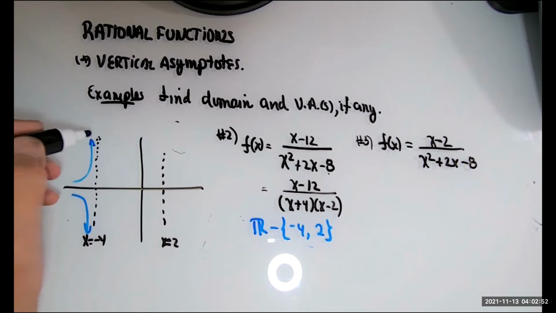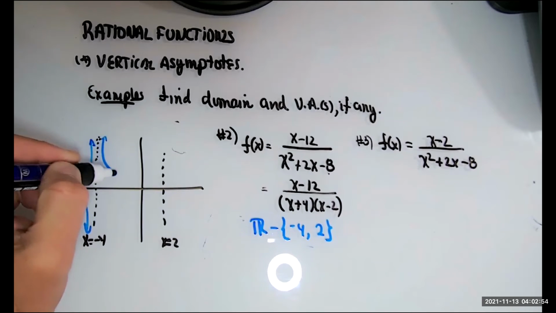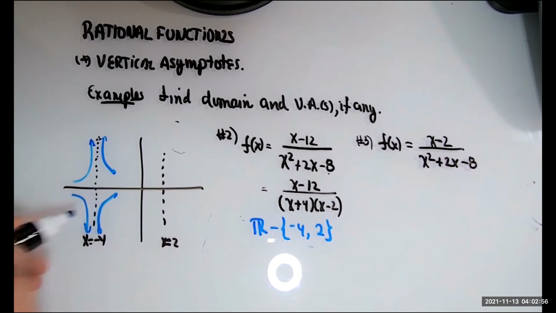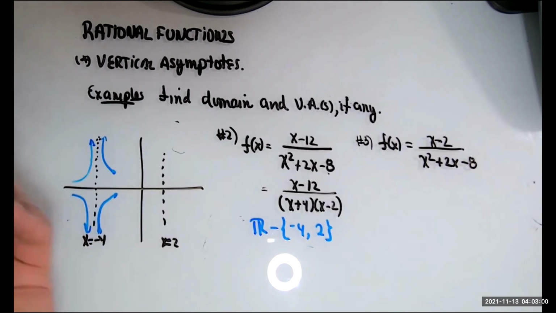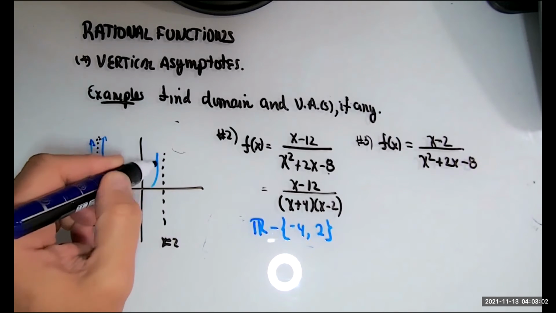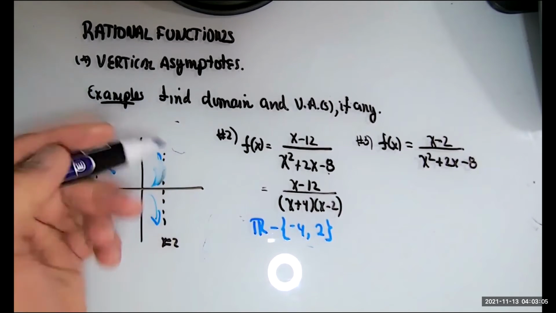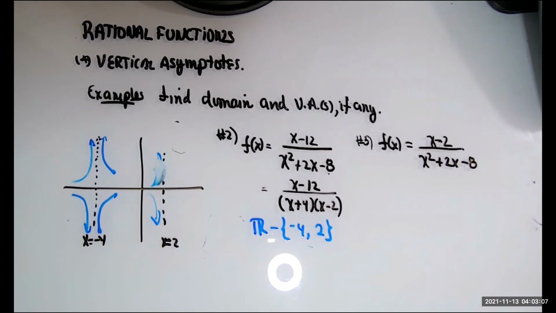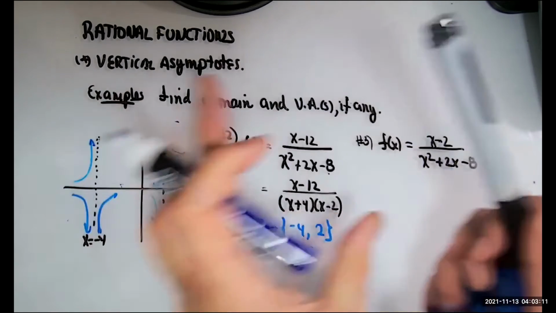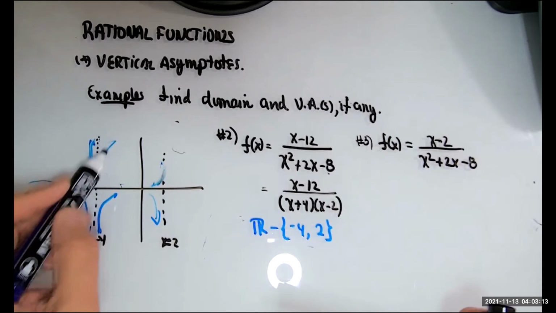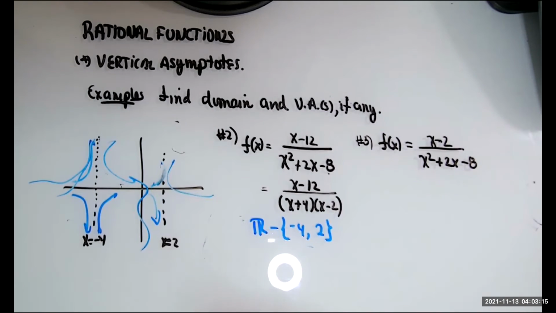Then when we pick up again, it will come from positive infinity down or from negative infinity up, and continues like that. And of course, when x equals 2, we have the same behavior. Either we go up or we go down, you get the idea. Okay, so this one will exhibit three chunks. One graph will be here, then another one here, and lastly another one here.